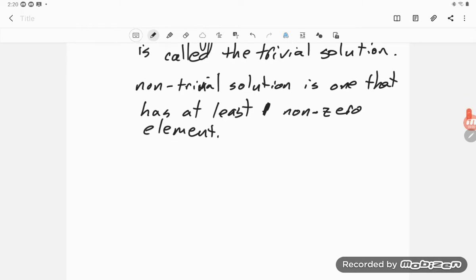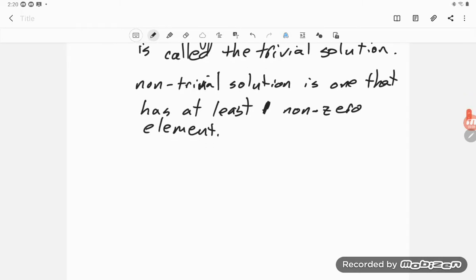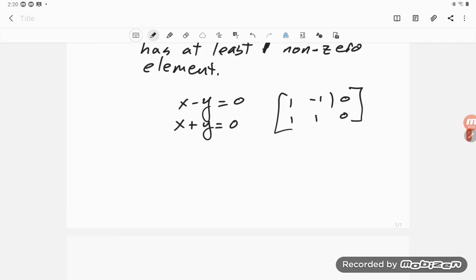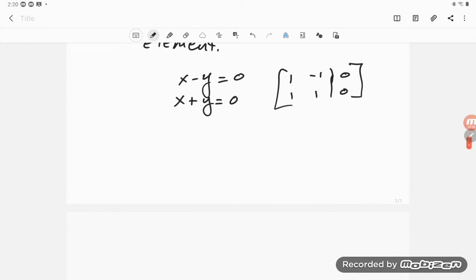Okay, so as an example, if you look at x minus y equals 0 and x plus y equals 0, we go to our matrix 1, minus 1, 1, 1, 0, 0, like that. So there's our augmented matrix. We do our first row reduction. We'll have 1, minus 1, 0. Notice the right-hand side will always stay 0.